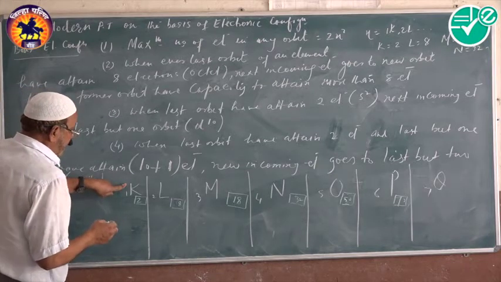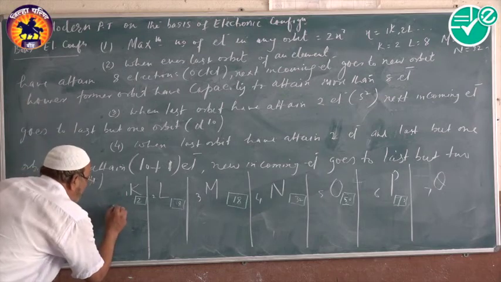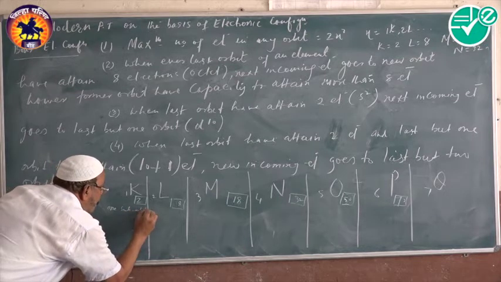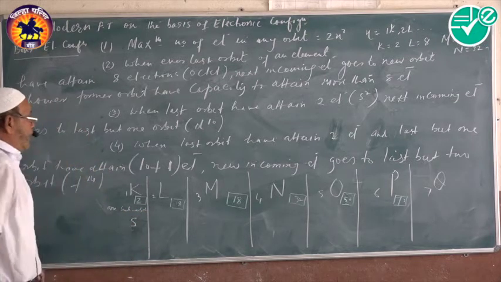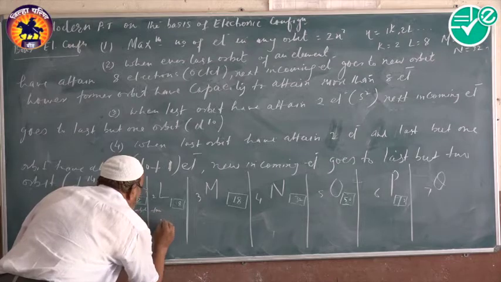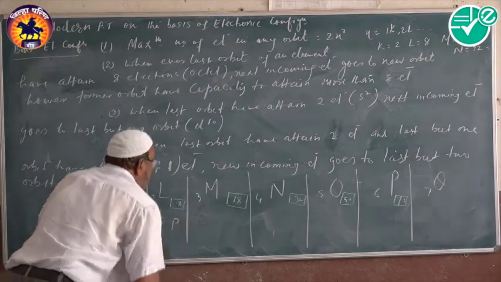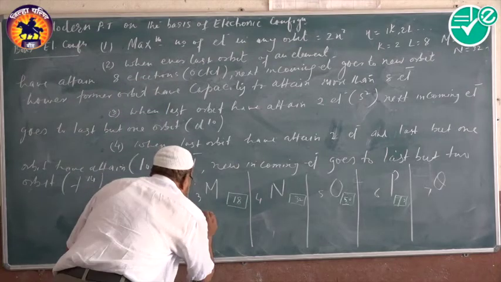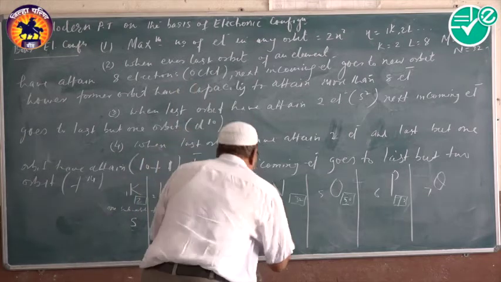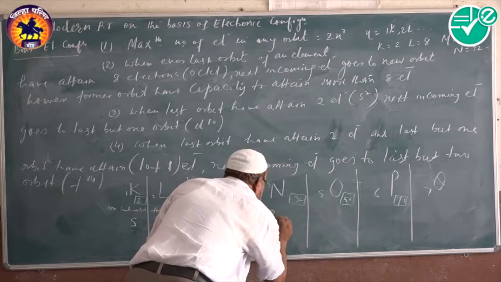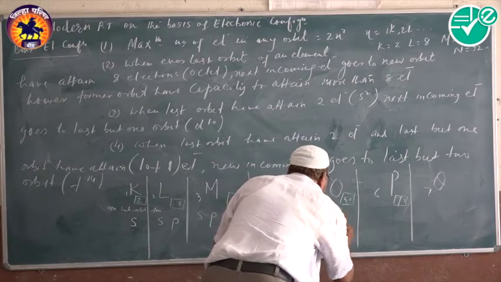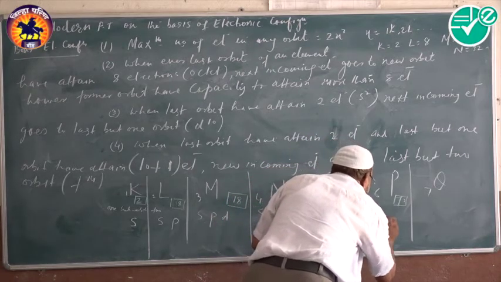This is orbit number 1, hence it has only one suborbit, called S. Orbit number 2 has two suborbits, S as well as P. Orbit number 3 has three suborbits, S, P, D. Orbit number 4 has four suborbits, S, P, D, F. Orbit 5 has five suborbits, S, P, D, F, and so on.